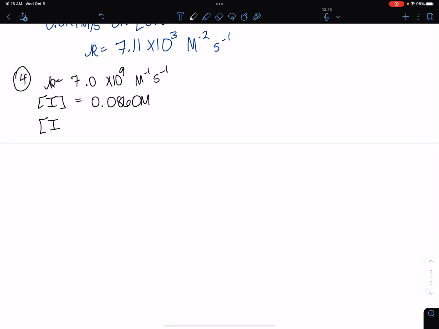I at some point in time, and the time is 2 minutes. Now first off, I need to recognize that the rate constant's in seconds and time is in 2 minutes, so I need to convert that to seconds. So that's 120 seconds. And I'm going to use the second order formula.